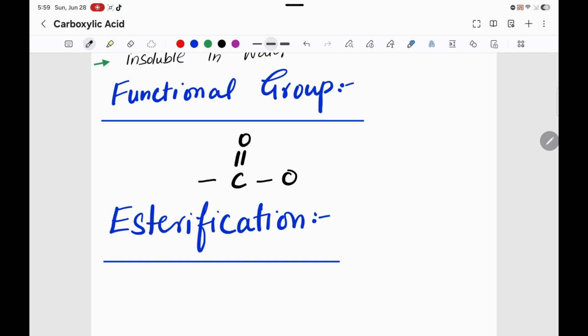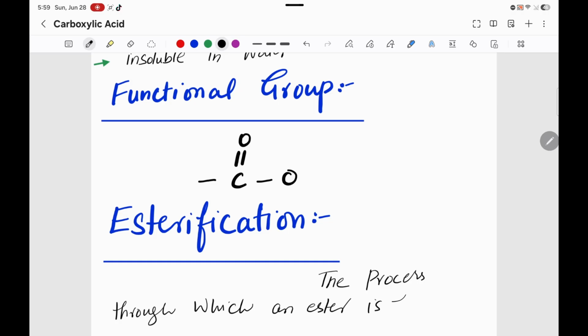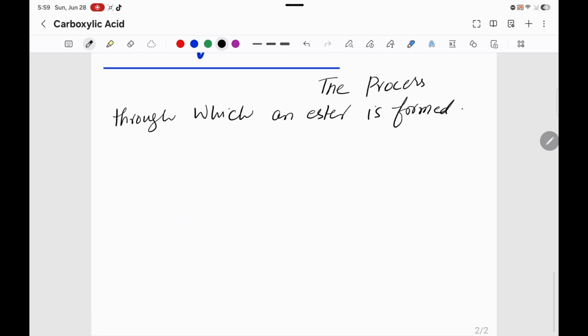Okay. Esterification is basically the process through which an ester is formed. Okay, so how is an ester formed?